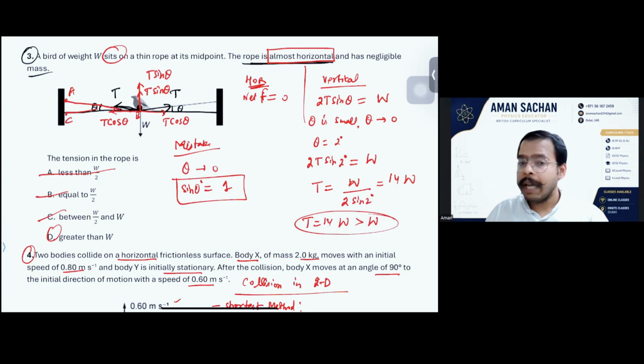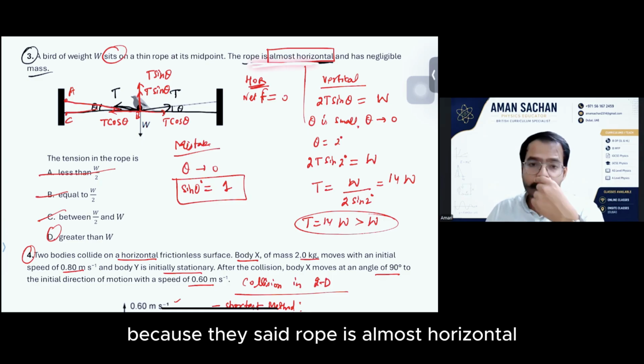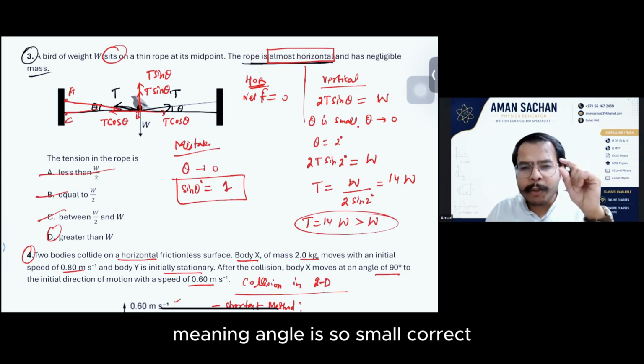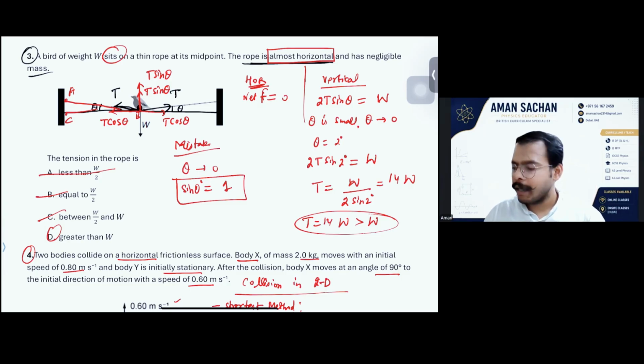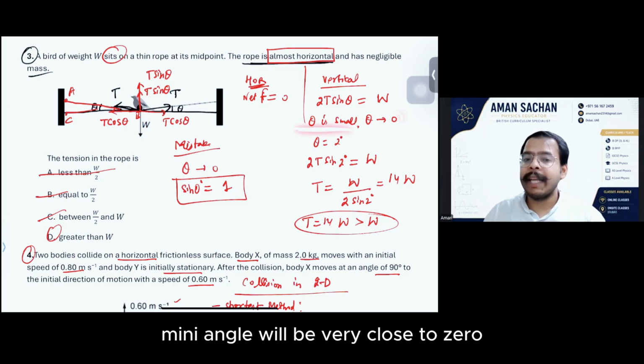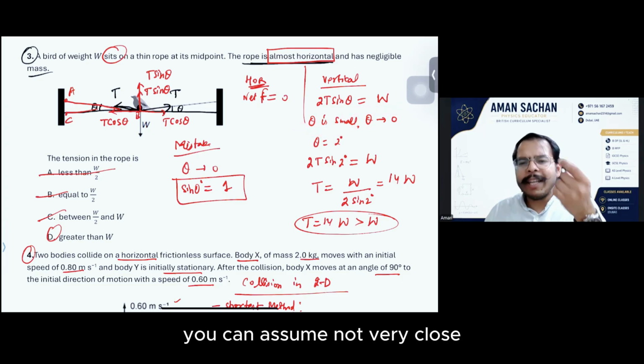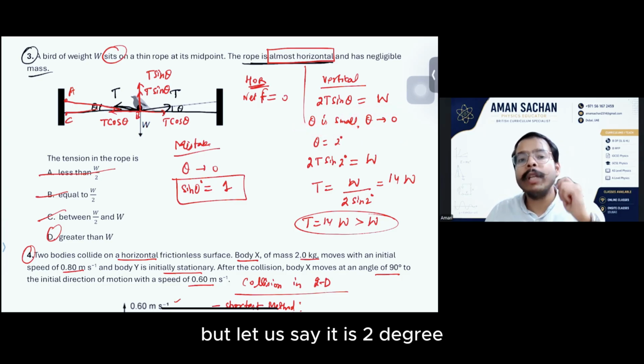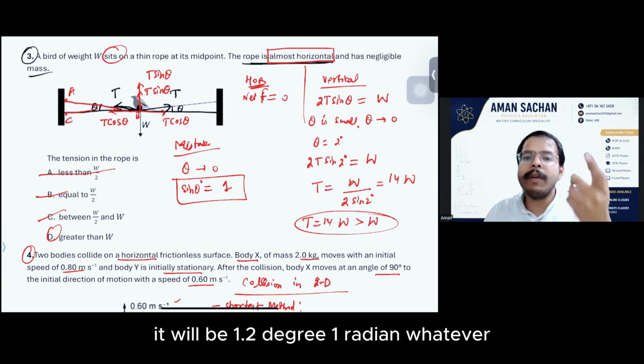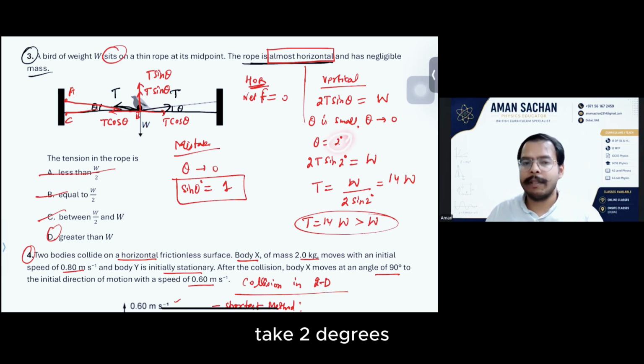Understood? What is important is that they said the rope is almost horizontal, meaning the angle is so small, correct? So the angle will be very close to zero. You can assume, not very close, but let us say it is 2 degrees. It could be 1.2 degrees, 1 radian, whatever. Take 2 degrees.